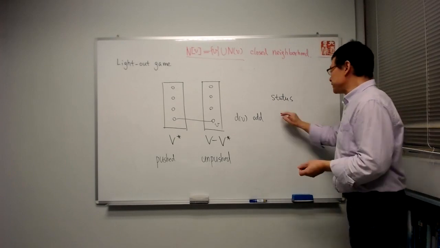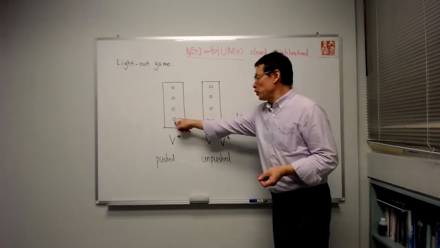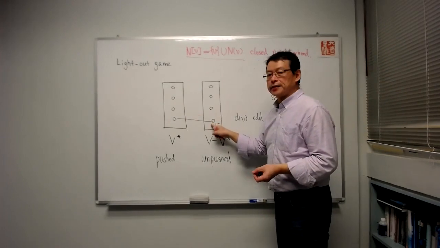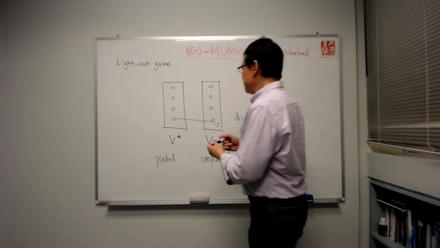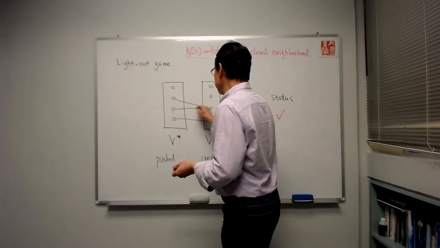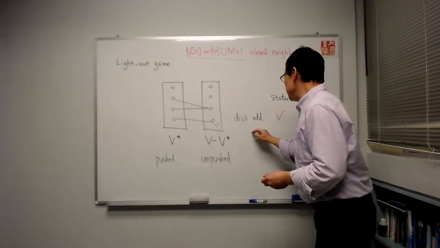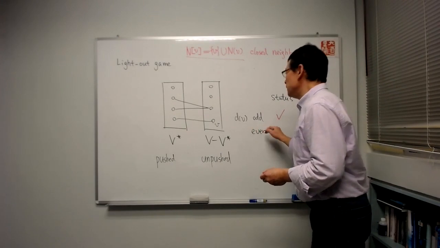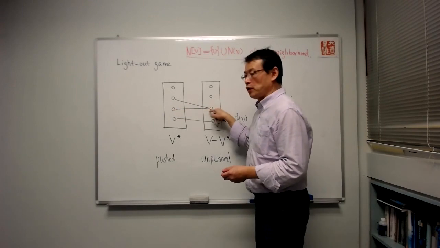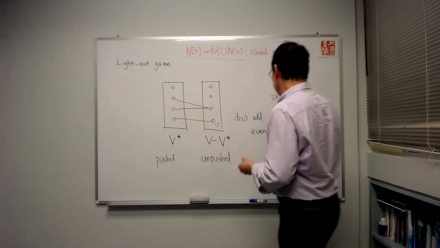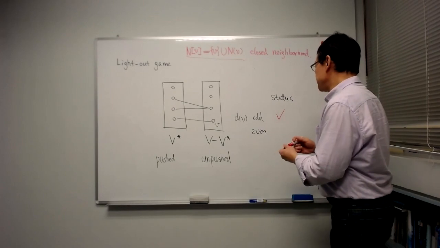Status change will be yes, because once I push this vertex, the status of this vertex will be changed. Now, if it's an even number of vertices on this side, so it's even, then once I push this one, the status changes, and once I push this one again, the status will change back. So no change. Here, status no change.